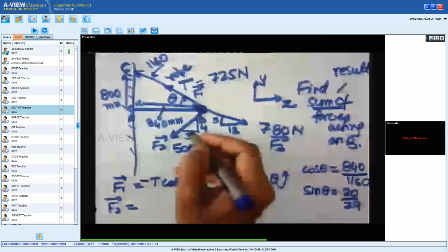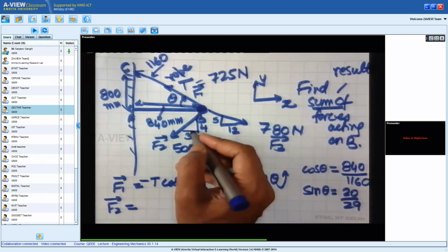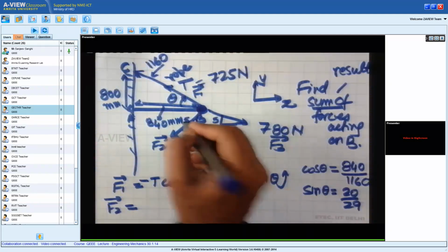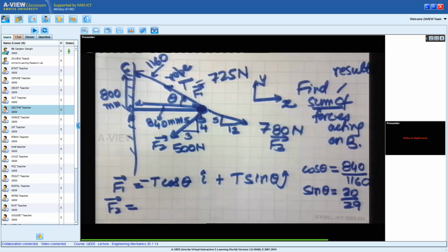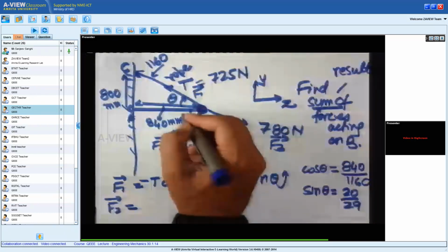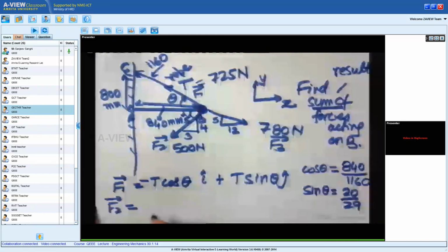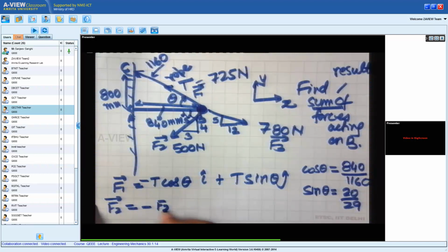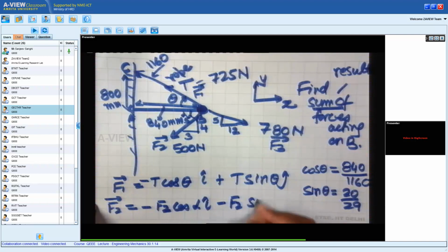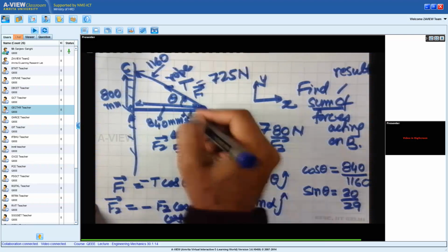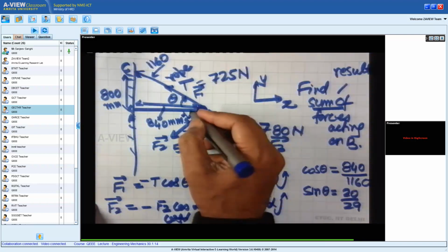Look at F2. Now the X component, if this is 3, 4, the third side will be 5. So F2, if I call this angle alpha, I can write it as minus F2 cos alpha I minus F2 sin alpha J. And this angle is alpha, this angle was making the horizontal.